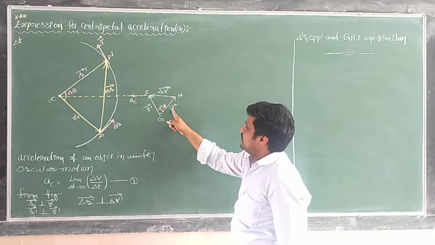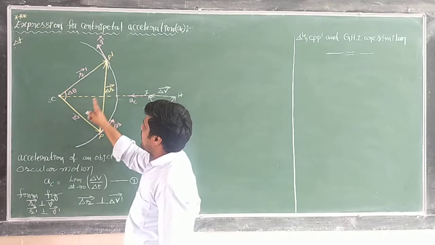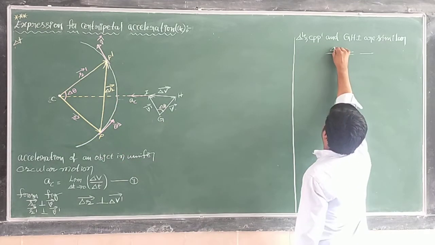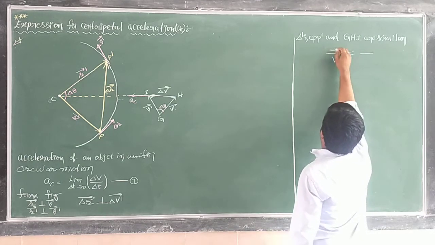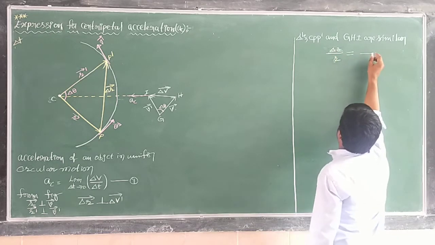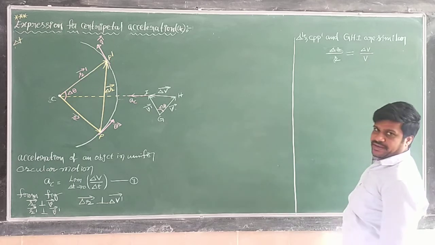Delta R bar by R bar and delta V bar by V bar.